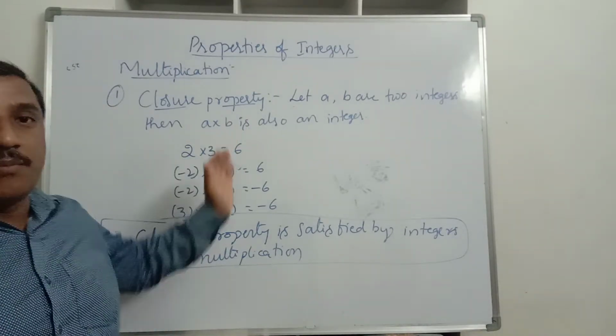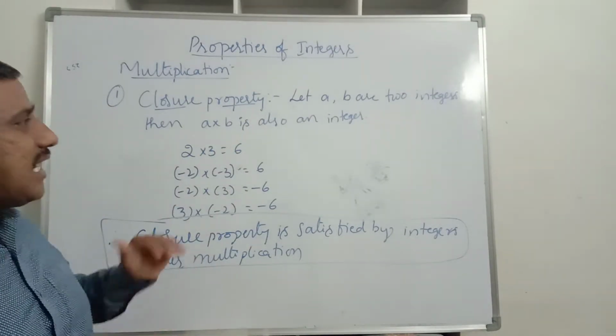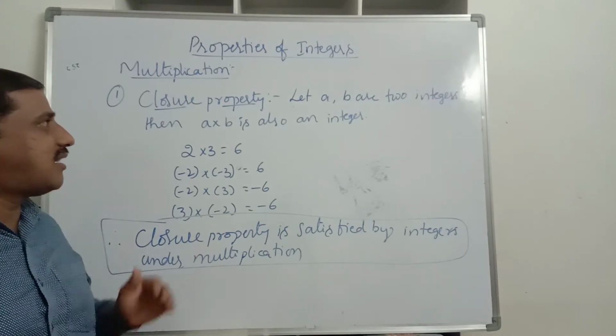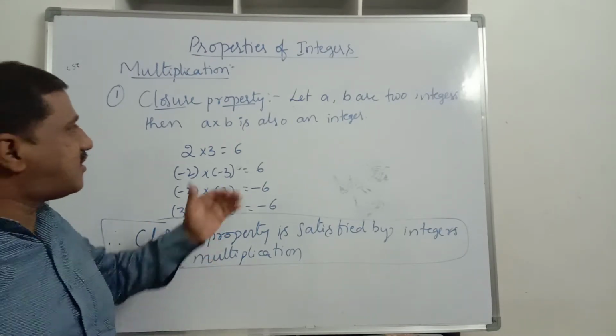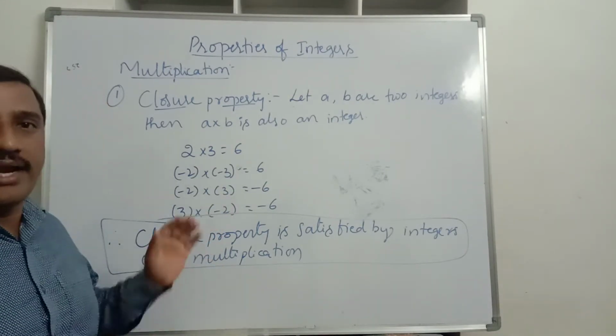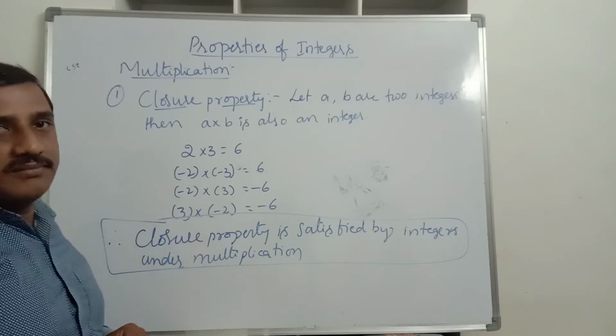That is, the product of two integers is always an integer. That is, a, b are two integers, then a into b is also an integer. Is it clear?